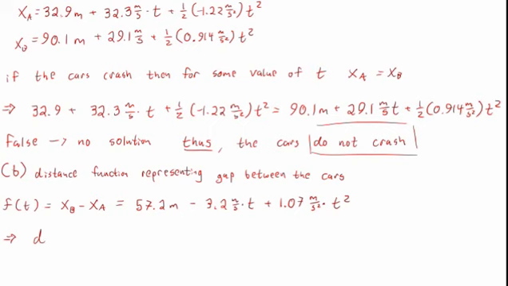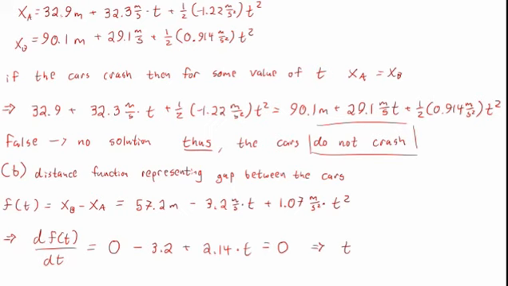So df of t differentiated with respect to time is just going to look like 0, because the constant just becomes 0, minus 3.2, and then plus 2.14 times time. Okay, and we set that equal to 0, and then solve for t.